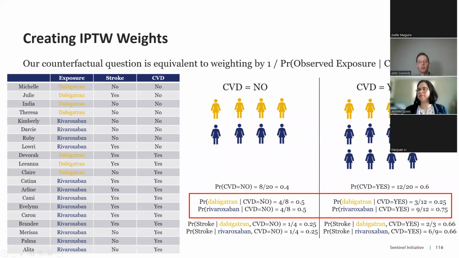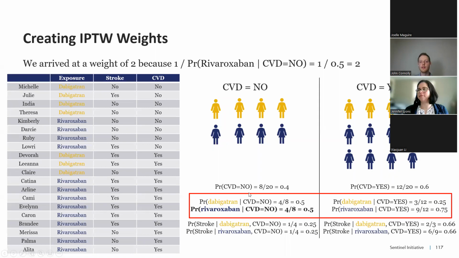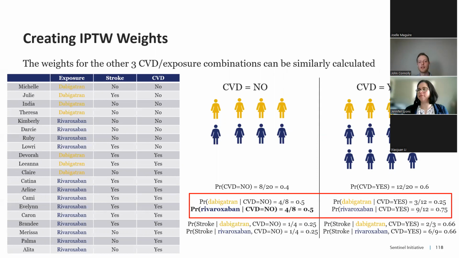And so that's exactly the probabilities that we calculated within the red box down here. For those rivaroxaban patients, we get a weight of 2 because 1 over their conditional probability, 0.5, is 2. And you could go through and do that for all of the other mutually exclusive combinations of cardiovascular disease and exposure and get an IPT weight for everyone in the population.